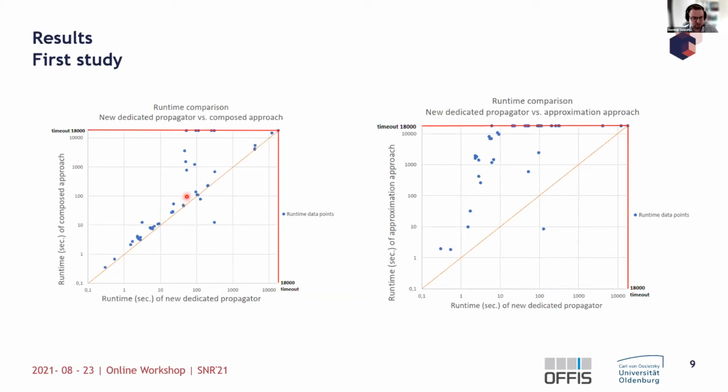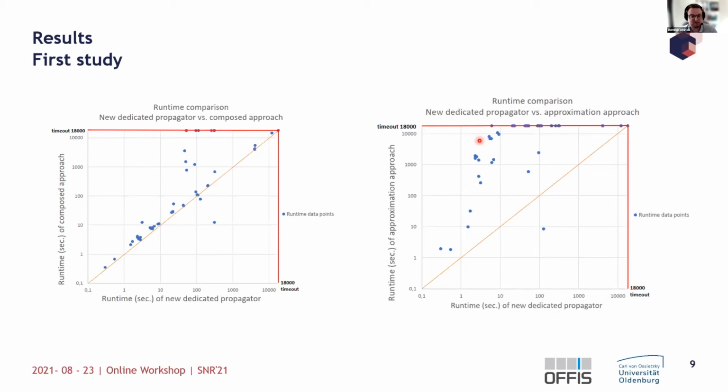And in some experiments, we see the new propagator having a solving time of about 80 seconds, where the composed approach already comes to over 1,000 seconds, or reaching the timeout cap of 5 hours, or 18,000 seconds. And an even clearer difference we see in the approximation approach, where we see the same behavior when we talk about 10 seconds for the dedicated propagator. The approximation approach is running into timeouts of 5 hours, and also often over the 1,000 mark.